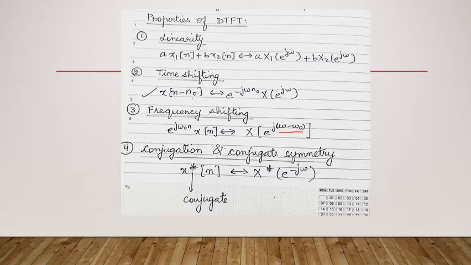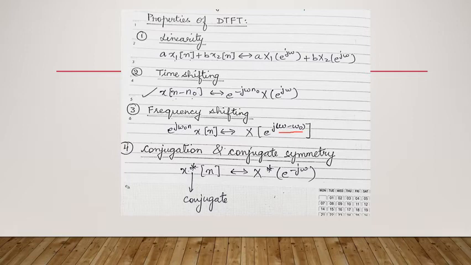It can be like ω minus 3, ω plus 2, something like that. So, there is a shifting in the RHS. Now, we will see the corresponding effect in the time domain signal. What happens? The time domain signal x(n) gets multiplied by a factor e raised to the power jω0n. So this is the frequency shifting property.